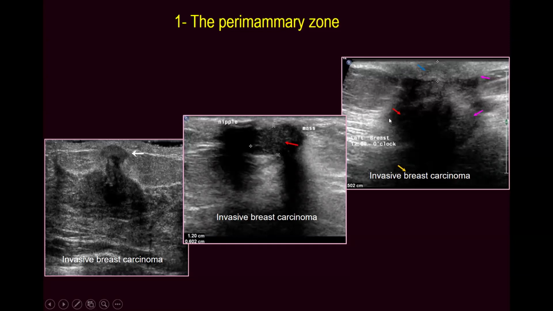But in these 2 examples, the lesions are seen primarily in the pre-mammary zones. How are you going to explain why these invasive cancers are seen in the pre-mammary zone?